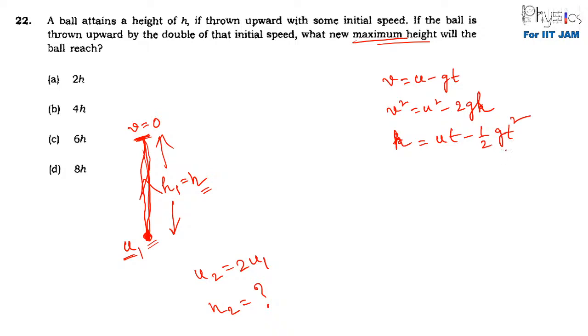I hope you can understand why I am taking this minus here, because it is going upward. The gravitational acceleration, this is actually our earth. I tried to draw earth.